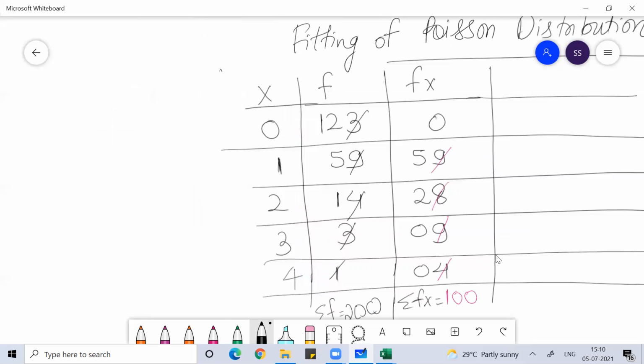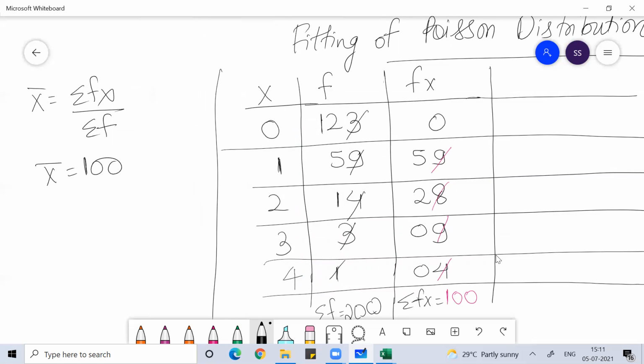So the mean here is sum of fx by sum of f. The mean is 100 by 200, that is 1 by 2. Mean here is 1 by 2 or 0.5.